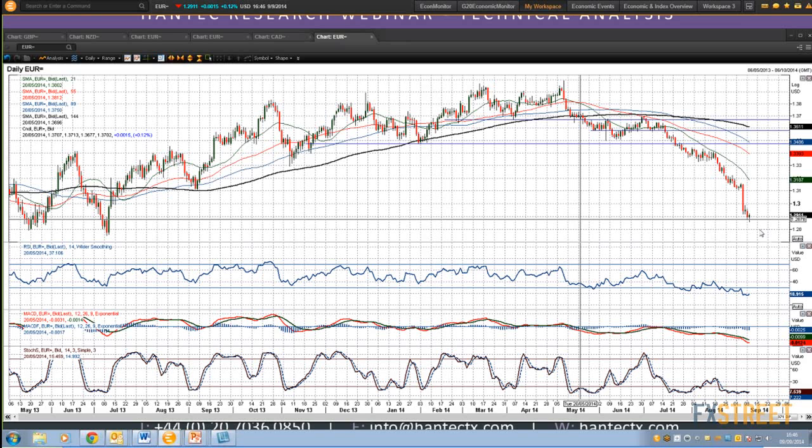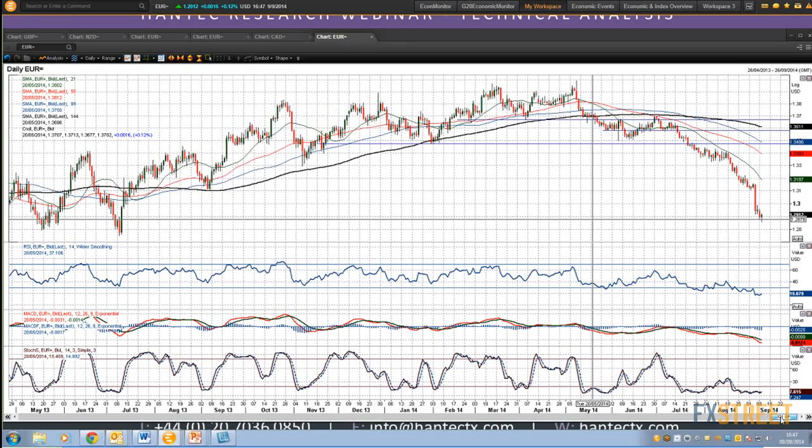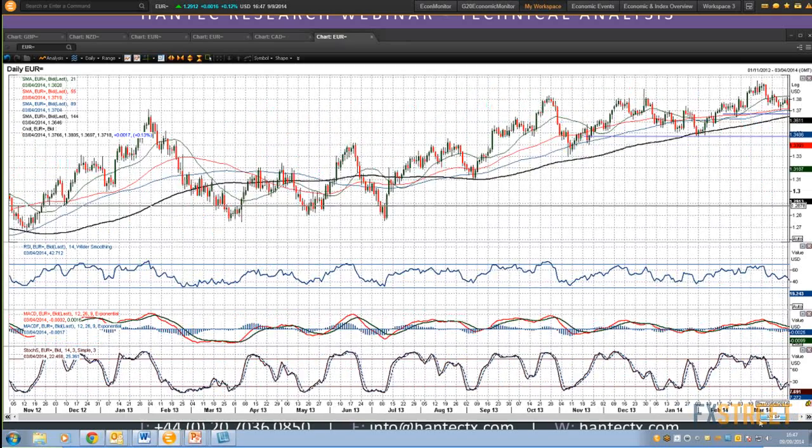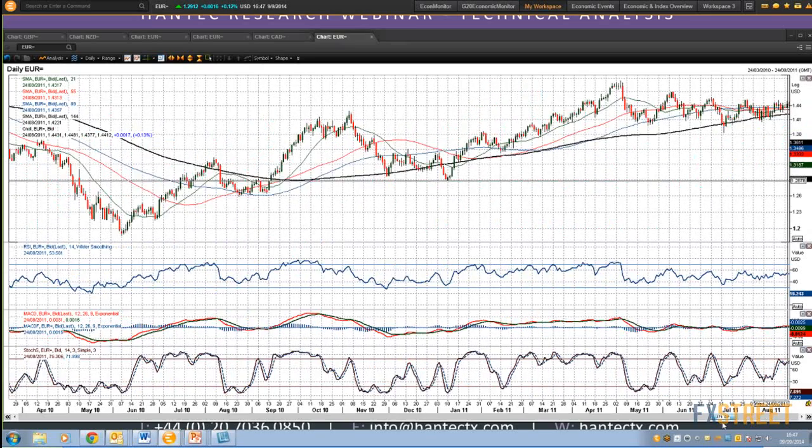If you think about the fact that the RSI is back at levels that you haven't seen since September 2008, in the middle of the credit crisis, I think you would say that there is certainly the prospect of a technical rebound, and I will show you back in September 2008, if you bear with me.